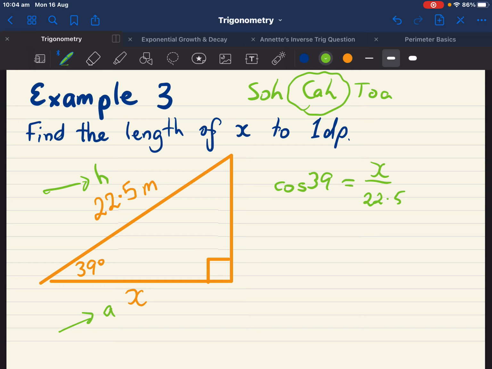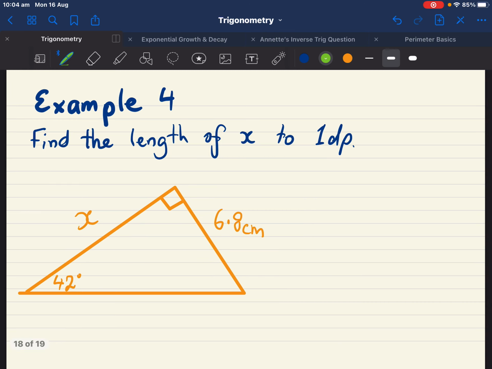That's it. And so you look, x is on the top of the fraction. So x will be 22.5 times the cos 39. We're multiplying for this one. So we times it out, we put it into our calculator, we get an answer, and the example is done.